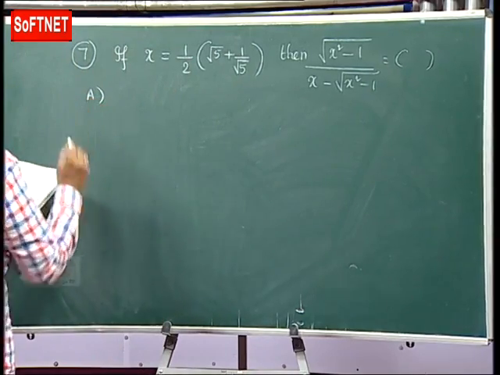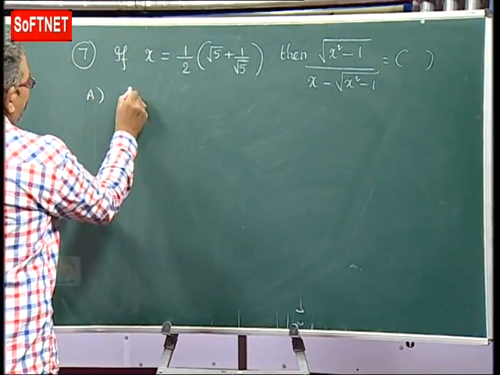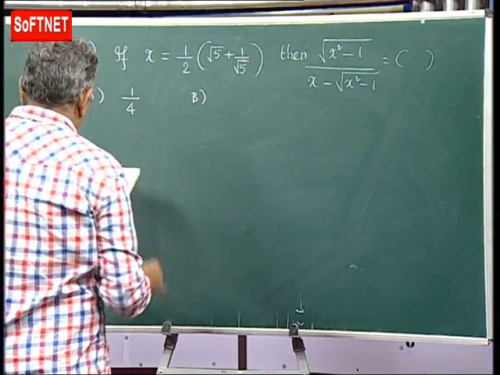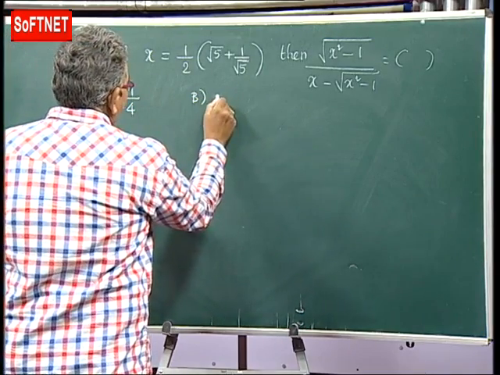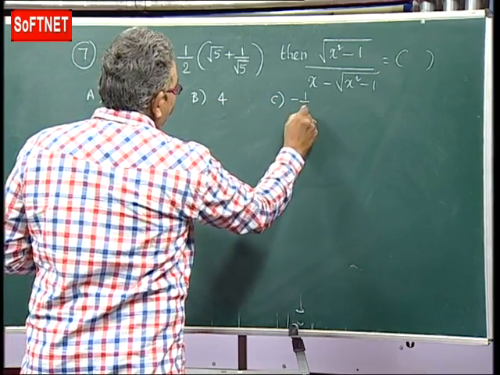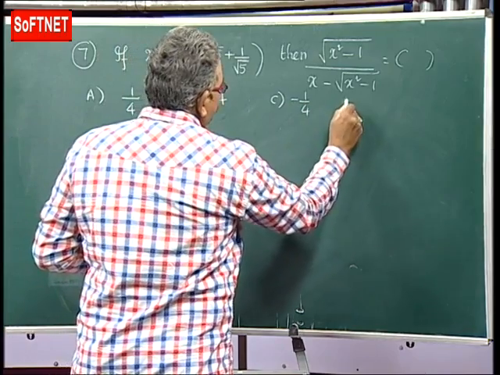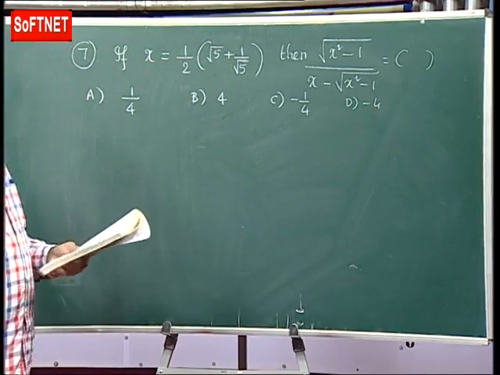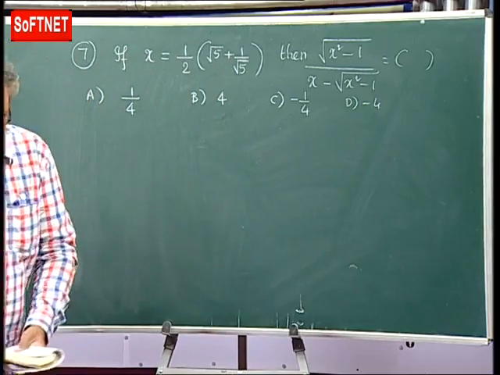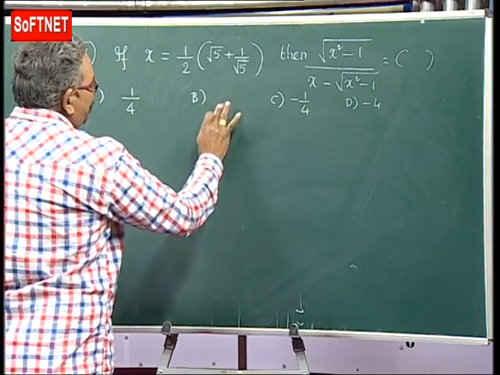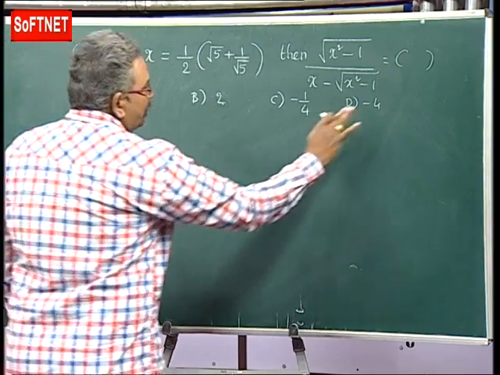Option A, 1 by 4, option B, 4, option C, minus 1 by 4, option D, minus 4. Okay. So let us take option B as 2. This will be minus 2.